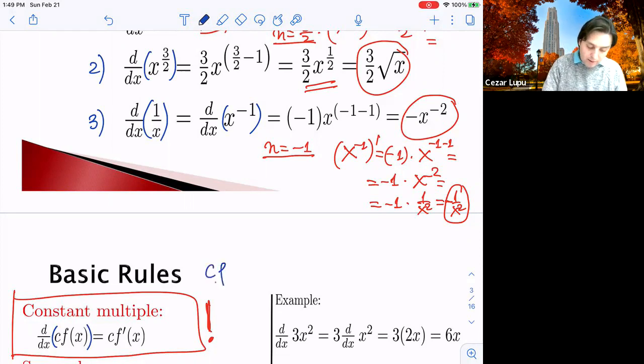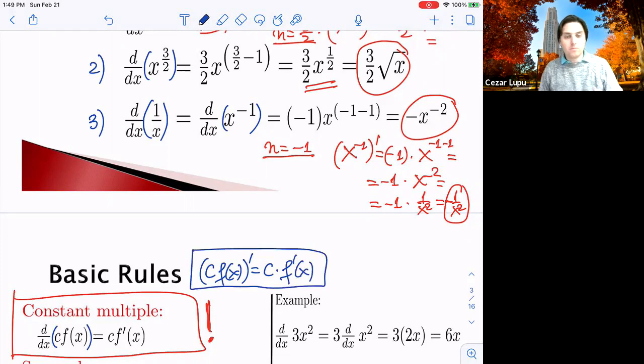So in other words, you have a constant times f of x, everything prime. This is nothing else than just c times f prime of x. So the constant goes out in front of the derivative. So in other words, it does not influence the derivative of the function. So that's what you need to know.